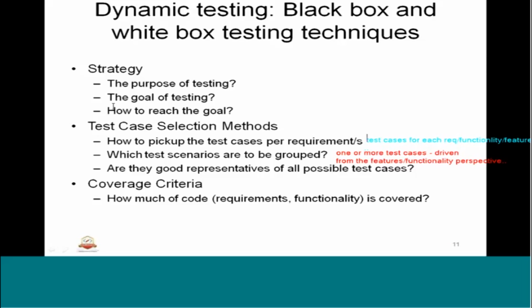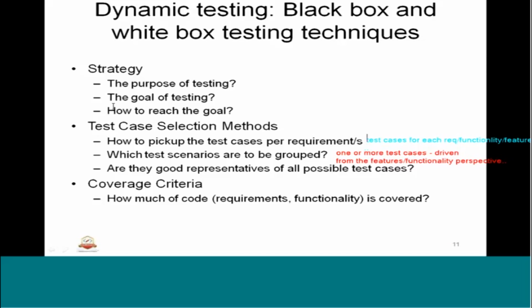It is based on the strategy how we are going to select the input, or if it is not feasible, we are not going to select those things. It is subjective again, based on the functionality of the feature or the limitations that the system has. So we need to be carefully selecting the test cases that are going to be executed eventually. These test cases should be good representatives of all the possible test scenarios.